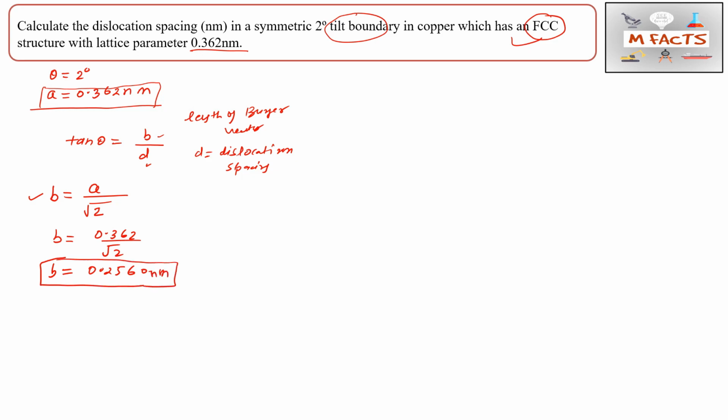So we know this B value, we know this theta value, but we don't know this D value, and in the question they are asking for this D value.